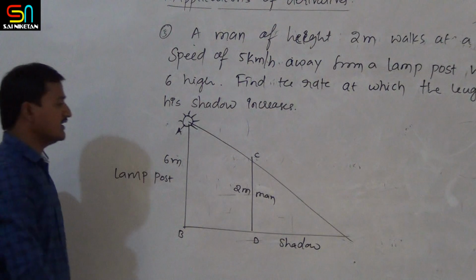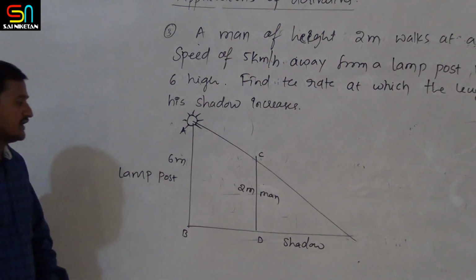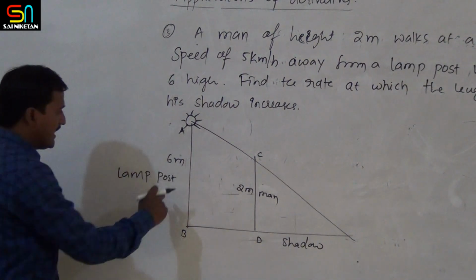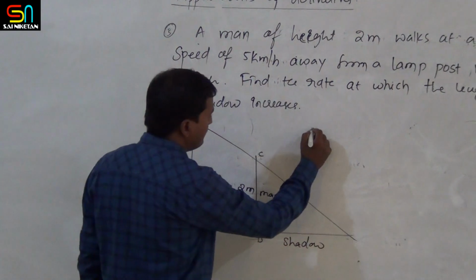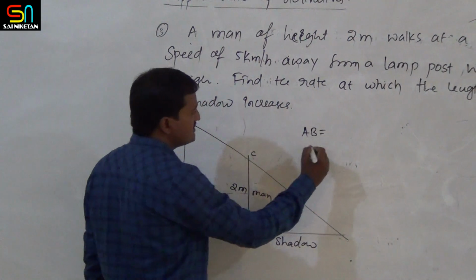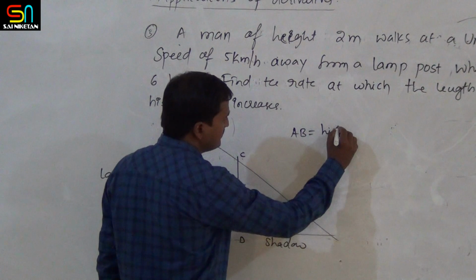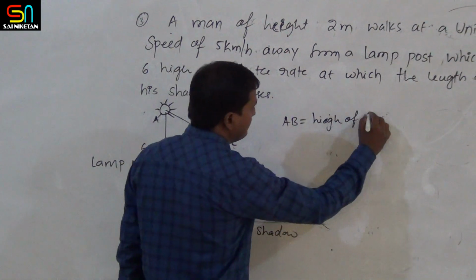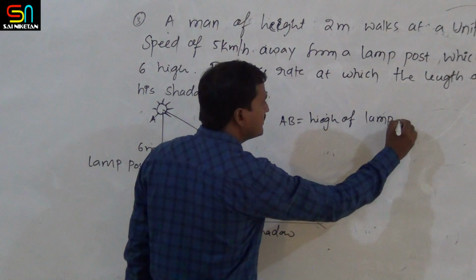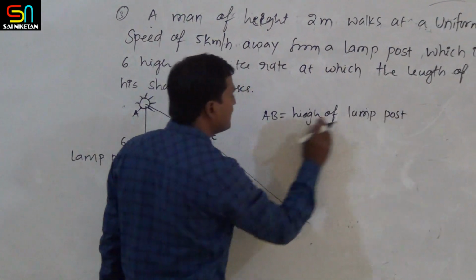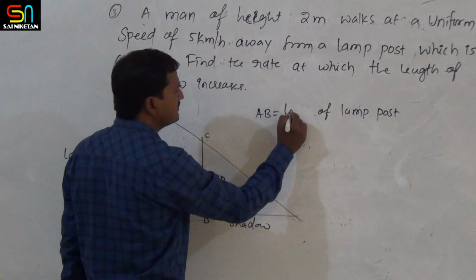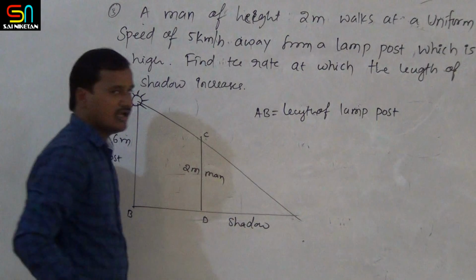So clearly here we are getting two triangles. Before that I will write AB. What is the value of AB here? AB is equal to the height, or the length, of the lamp post.